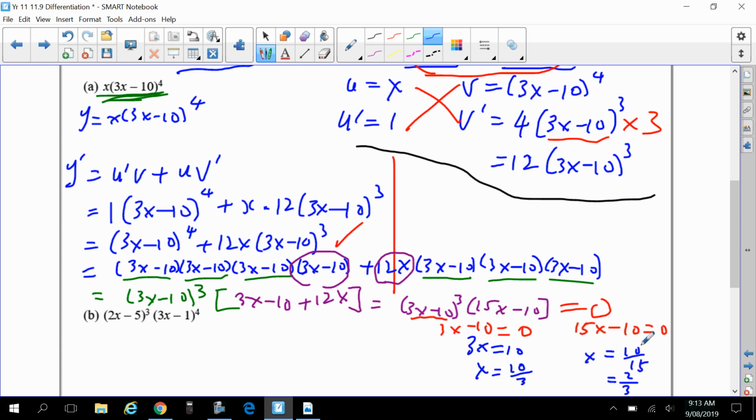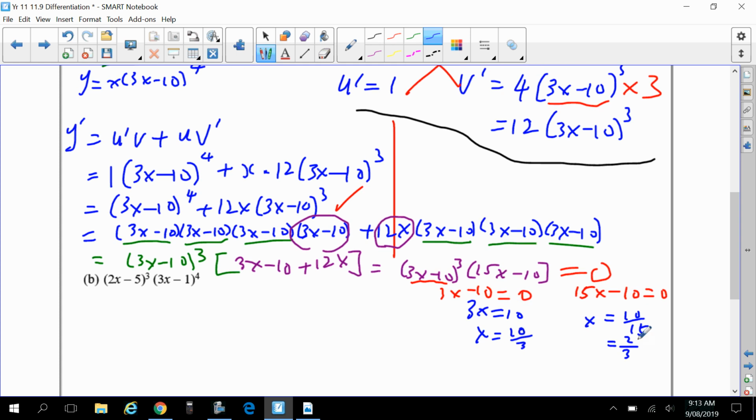Okay, try the next one. Have a try. Product rule, and then solve it. Again, in order for you to develop this skill, you should immediately start the exercise after I finish.